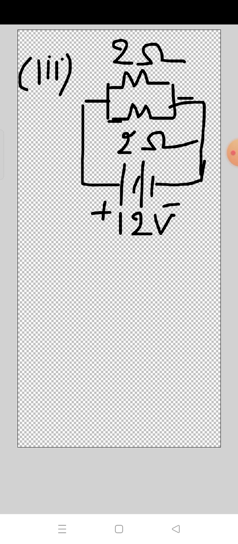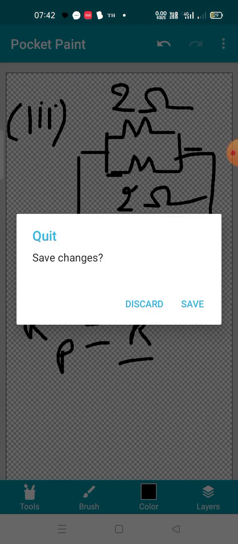So let's first calculate Rp here, that is equivalent resistance in parallel. Now because the two resistors are connected in parallel, let's calculate the total resistance in parallel. I have told you this before in one of the videos. I shall repeat it. Here both the resistors have equal resistance and they are connected in parallel.